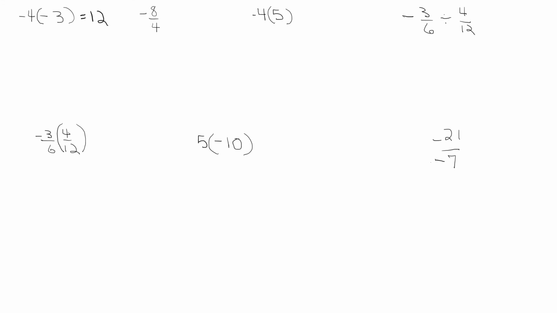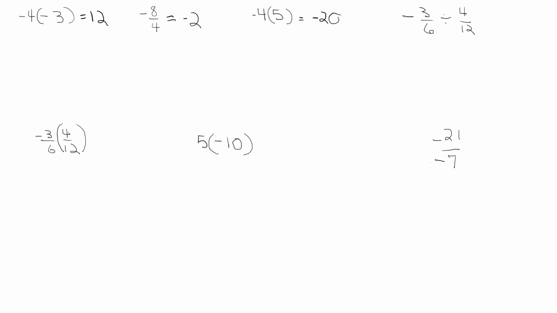This is different. A negative 8 divided by a 4. You're going to get a negative answer because it's not the same. So you're going to get a negative 2. These here are different. A negative 4 times a positive 5. You're going to get a negative answer, which is negative 20.